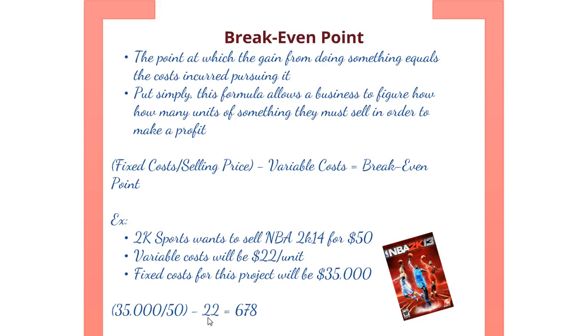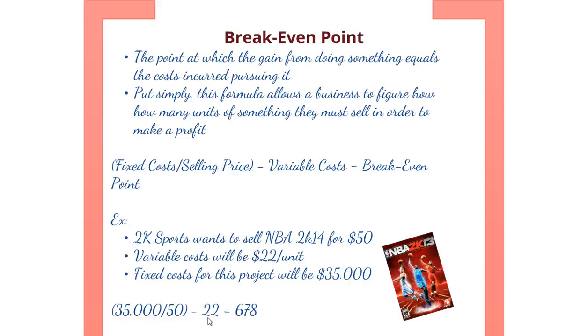I'll walk you through it, even though you're not going to see the numbers here: that 35,000, the fixed costs, divided by the selling price of 50, gives 700. Subtract 22, and that's where you get the 678.